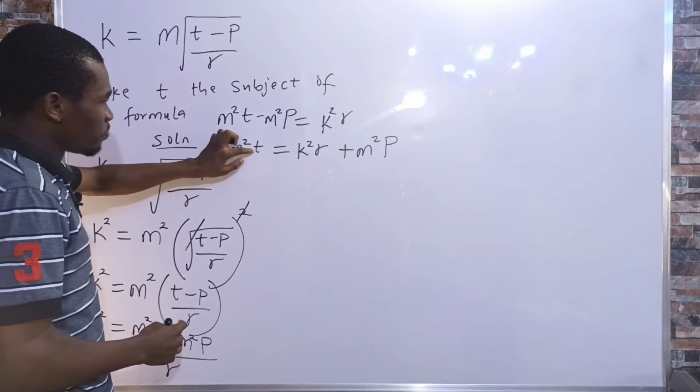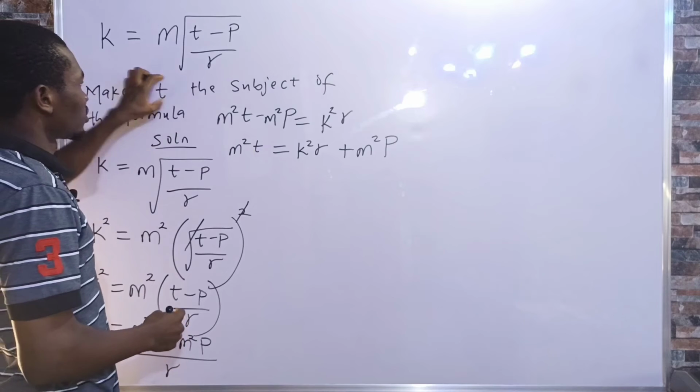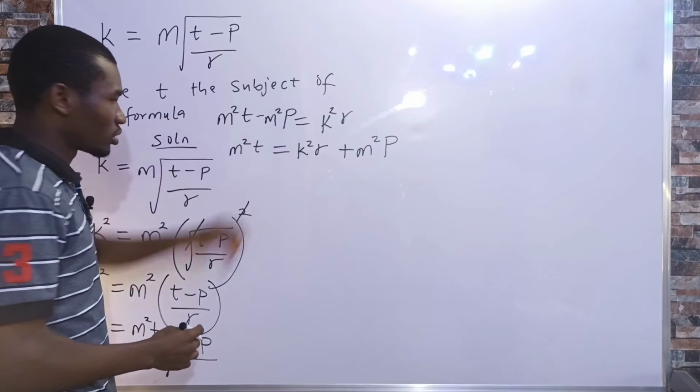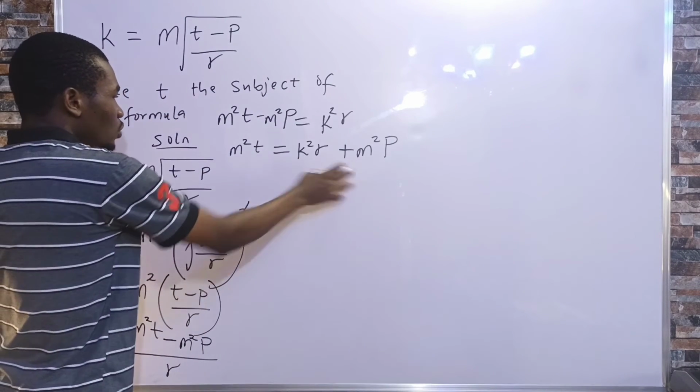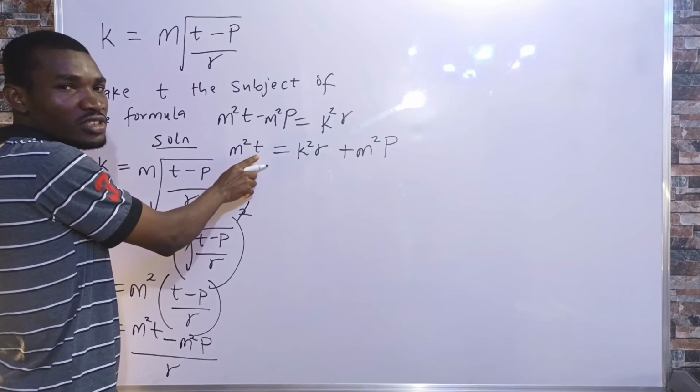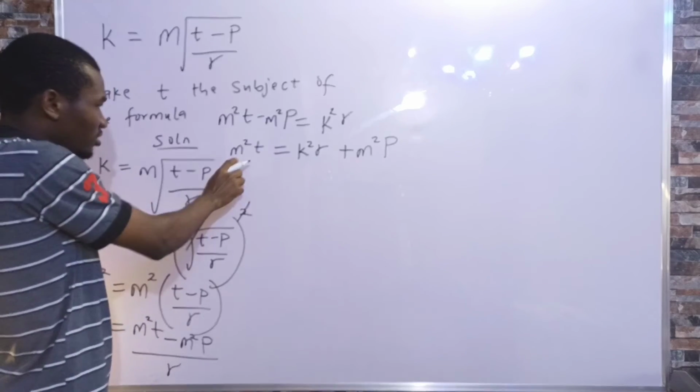But I'm concerned with making my t the subject of this given equation. Hence, I will divide both sides of the equation by the coefficient of t, and the coefficient of t is m squared.